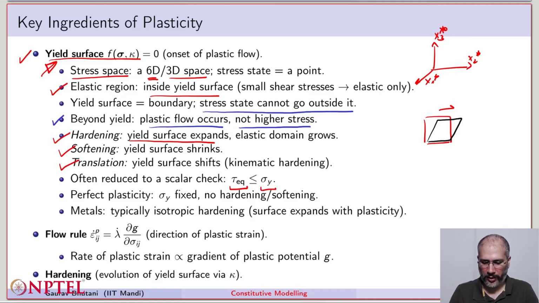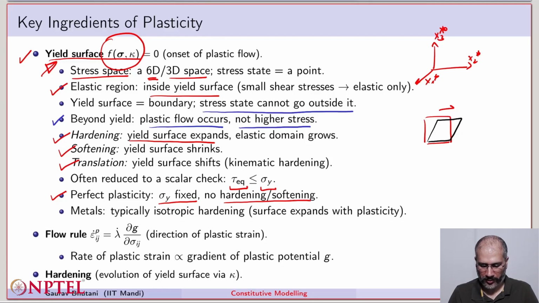This sigma y is coming from the yield surface model, that is f as a function of sigma comma k. We'll talk more about this yield surface in the next slide. Now, a perfectly plastic material means that its yield surface is fixed. There is no hardening or softening happening in the material.